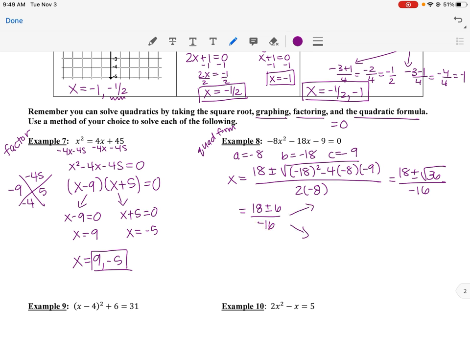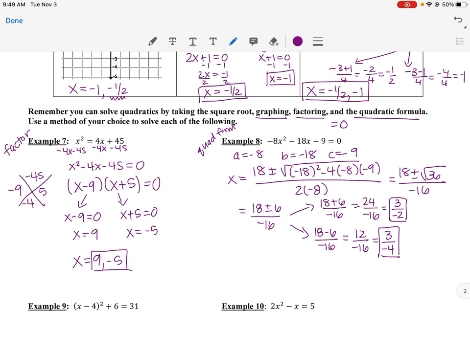So there's two different answers here. 18 plus 6 divided by -16. 18 minus 6 divided by -16. 18 plus 6 is 24 divided by -16. So that does become, if you divide both by 8, 3 over -2. And if I do 18 minus 6, that's 12 over -16. So that's 3 over -4.